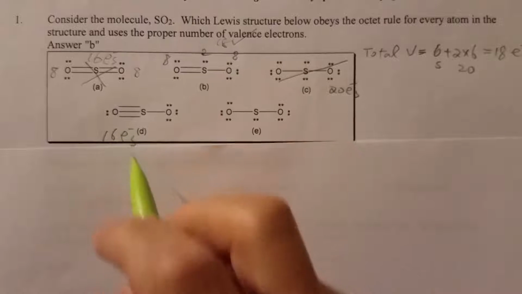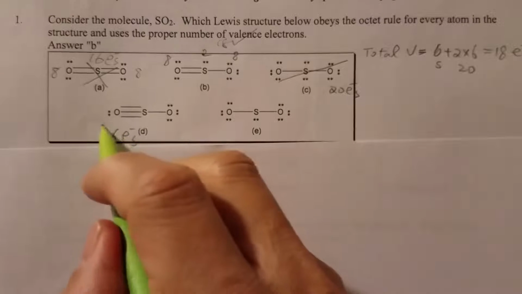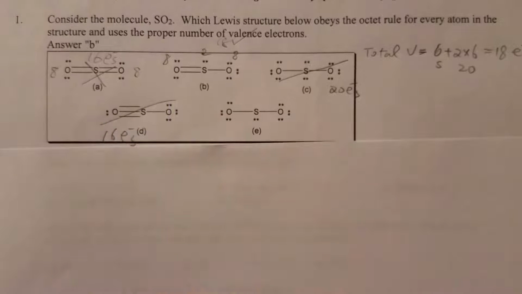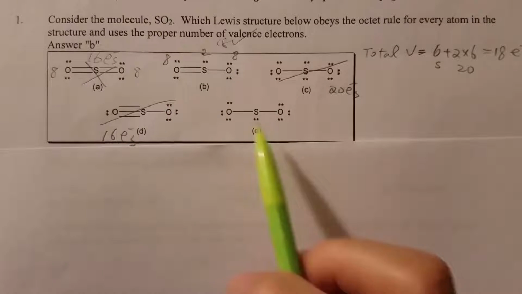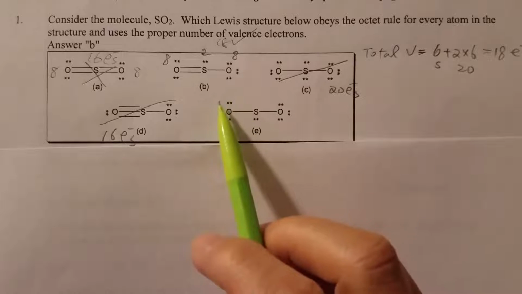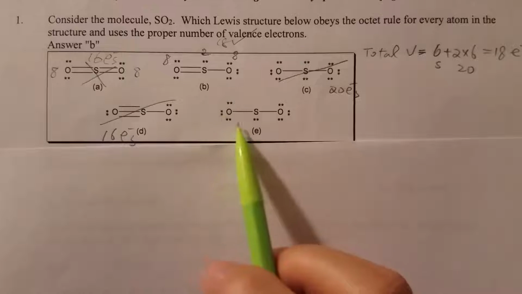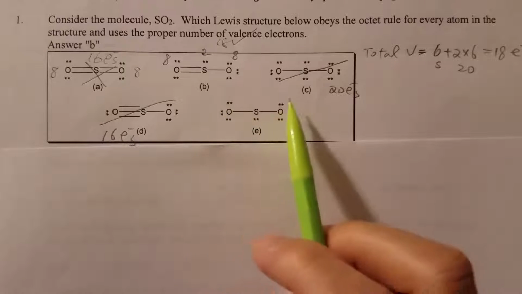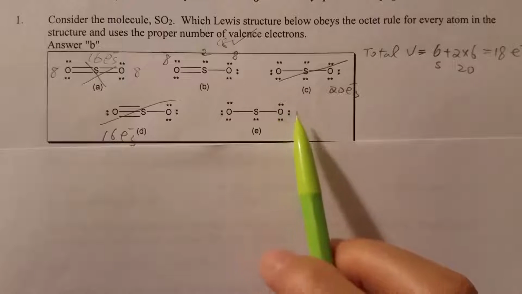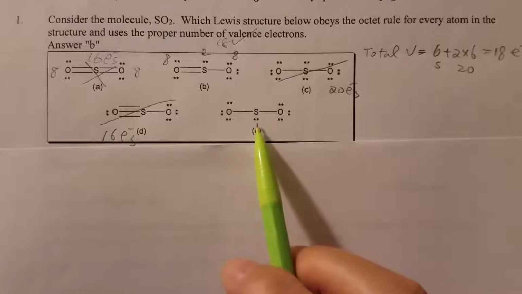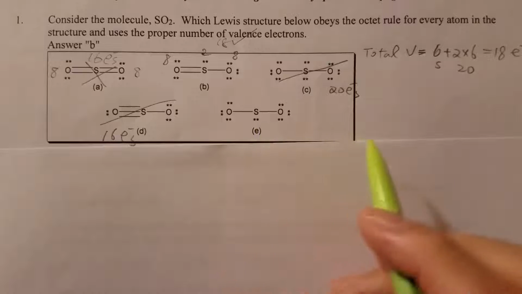So that's 16 electrons. That one is also an incorrect structure for the molecule. Now for E, let's count right here. That's 8, that's another 8. That's 16. And then plus this lone pair, that's 18.